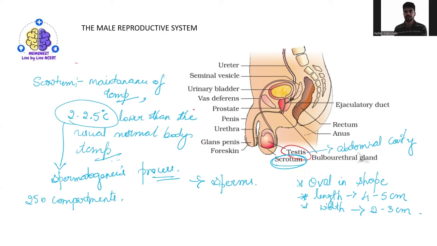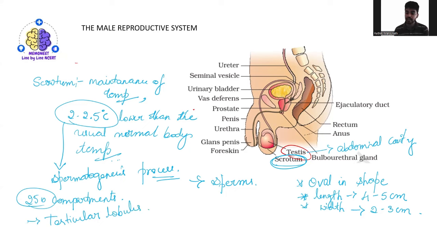Compartments means rooms, where this entire process happens. We have a pair of testes, that is two, and in one testis you will find around 250 compartments. Together, these 250 compartments are called testicular lobules.